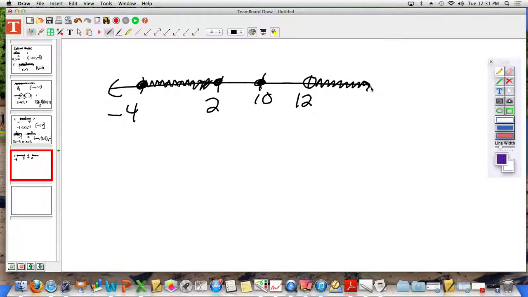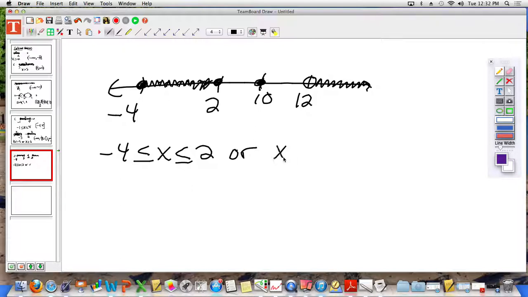All right, so inequality notation first. I have -4, less than or equal to x, less than or equal to 2. Hopefully you're okay with that. I have an empty spot. Or, what about that dot at 10?